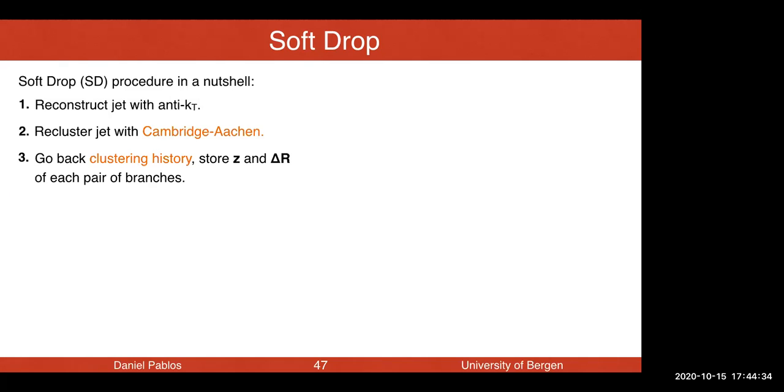So there are these new substructure methods that are called grooming procedures. And one can use the so-called soft drop, in which you reconstruct the jet with anti-kT, then you recluster the jet with Cambridge-Aachen, which is an angular-ordered clustering algorithm, and you go back through the clustering history and look at the energy fractions or the angular separation between this pair of branches.